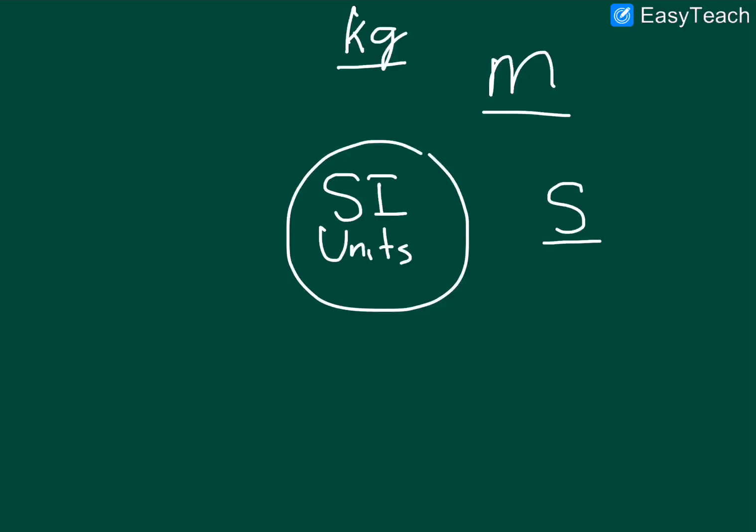I apologize, that looks like an uppercase s, but just trust me when I say I meant to write lowercase s. The next unit is something not as covered as frequently, but it is the amount of electrical current, and we measure that in amps or amperes, and that's represented by a capital A.